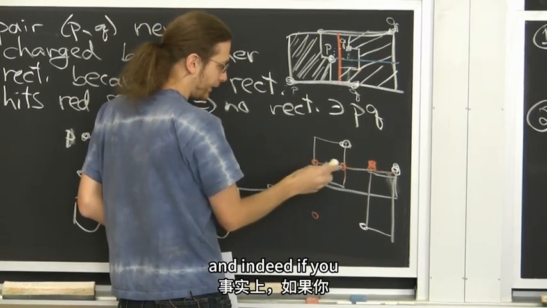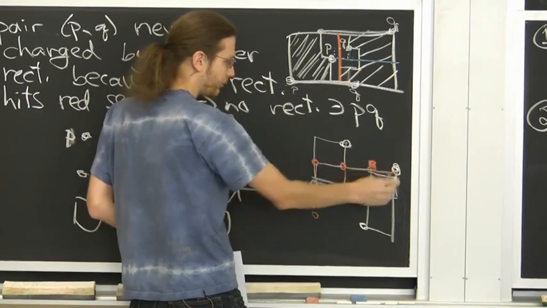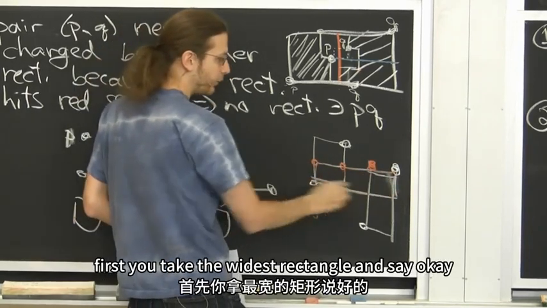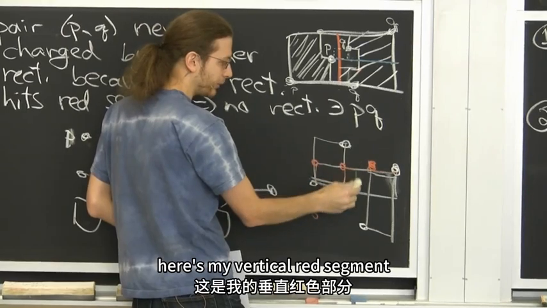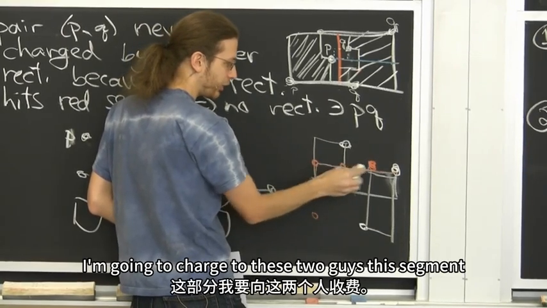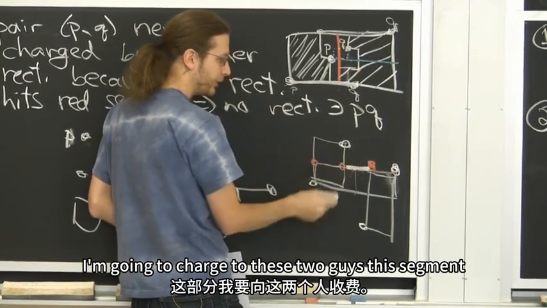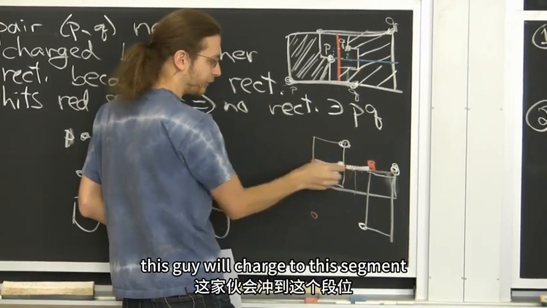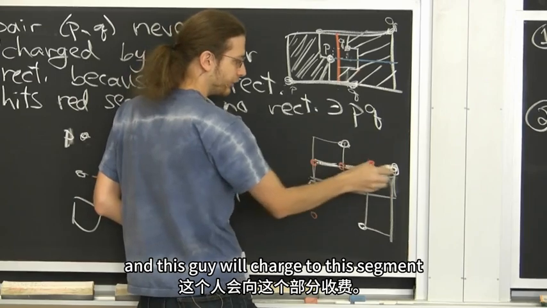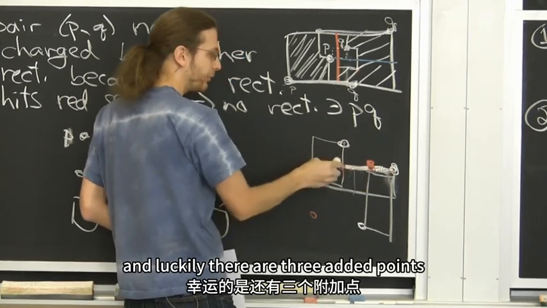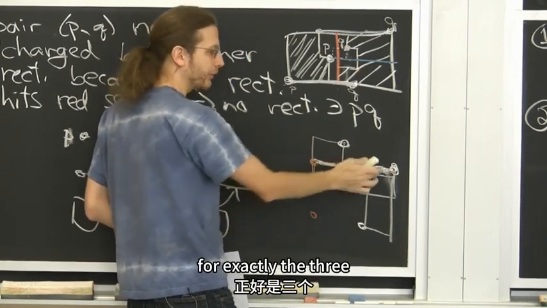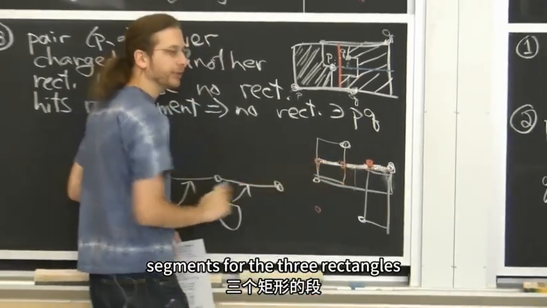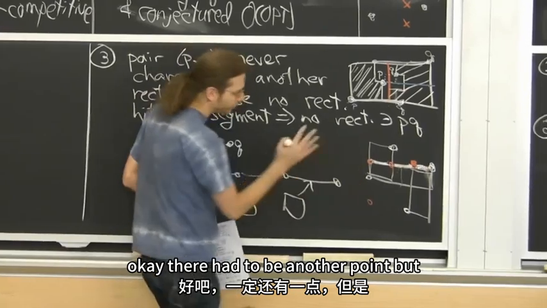And indeed, if you applied this argument, first you take the widest rectangle, you say, okay, here's my vertical red segment. I'm going to charge to these 2 guys, this segment. And then eventually this guy will charge to this segment, and this guy will charge to this segment. And luckily there are 3 added points for exactly the 3 segments for the 3 rectangles. Okay, there had to be another point, but.